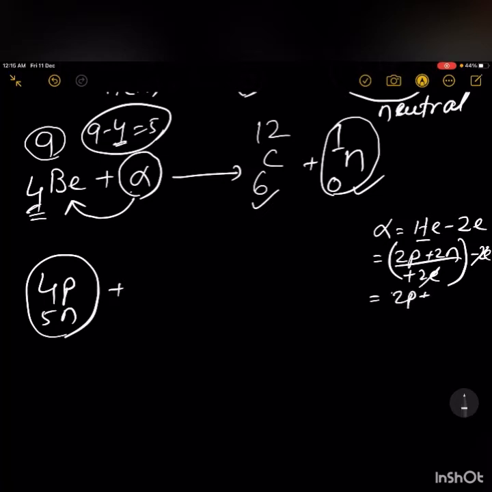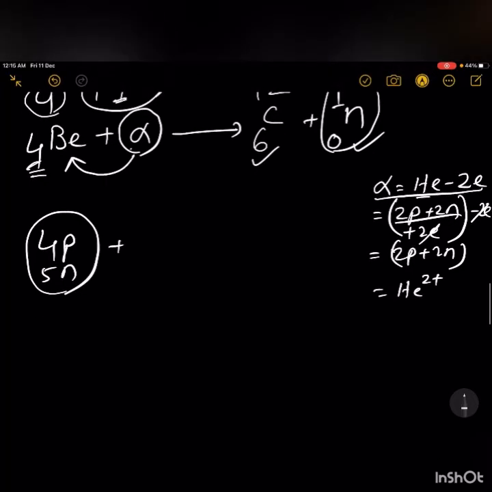No electrons are there. And this alpha particle is also denoted as He2+, and this helium is written as 2He4 also. 2He4 or He2+ or alpha, same story. Helium without 2 electrons is known as alpha particle.